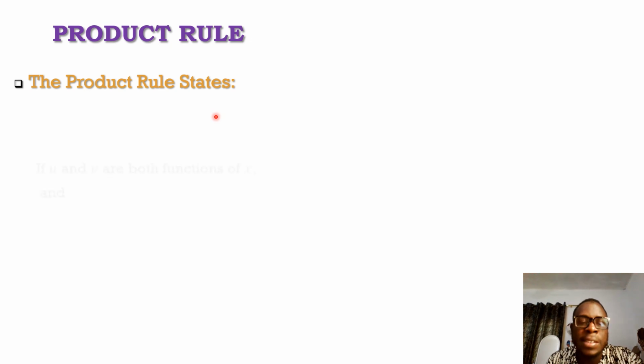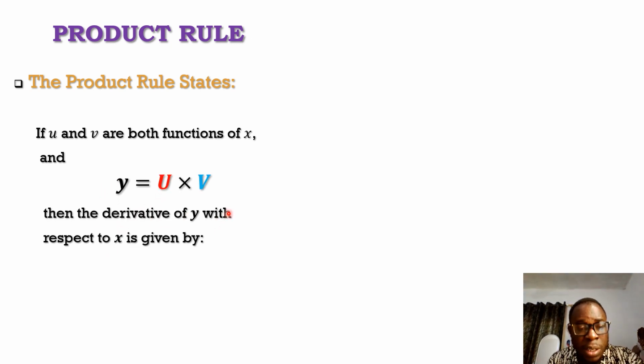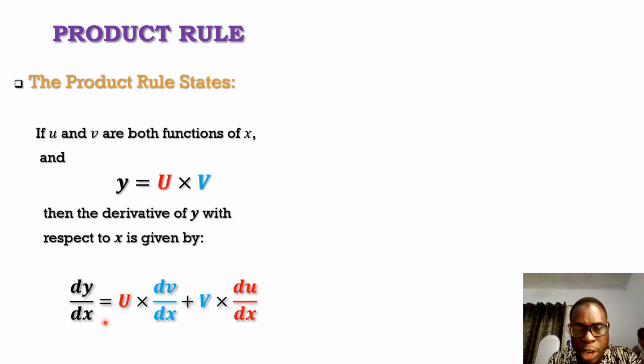The product rule states that if u and v are both functions of x and we have y equal to u times v, then, because u is a function of x and v is also a function of x, the derivative of y with respect to x is given by dy over dx equal to u, which represents the first function, times dv over dx, which represents the derivative of v with respect to x, plus v, which represents the second function, times du dx, which also represents the derivative of u with respect to x.